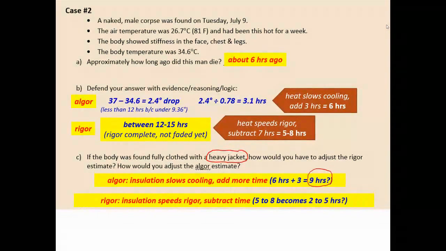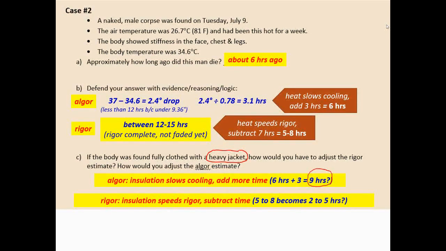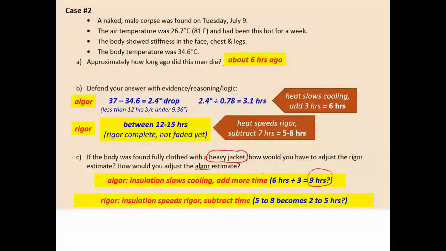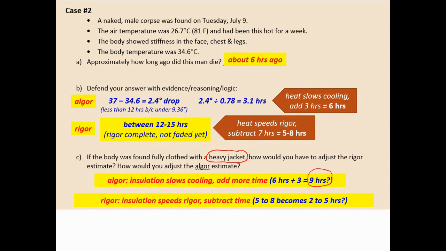That means instead of 5 to 8 hours, we subtract 3 hours. That becomes 2 to 5 hours. But the goofy thing here is that these are no longer in agreement.